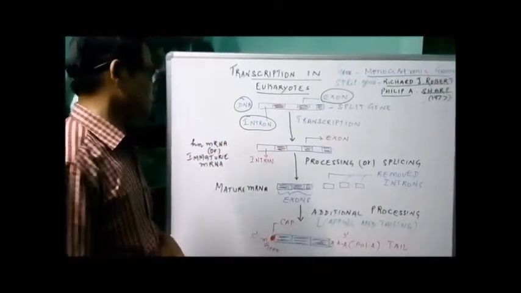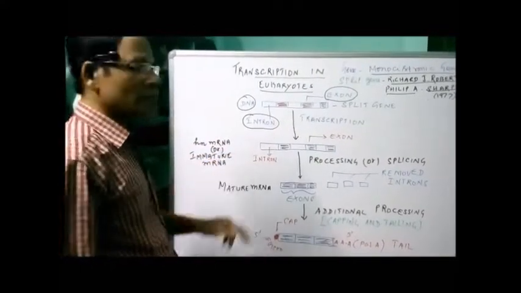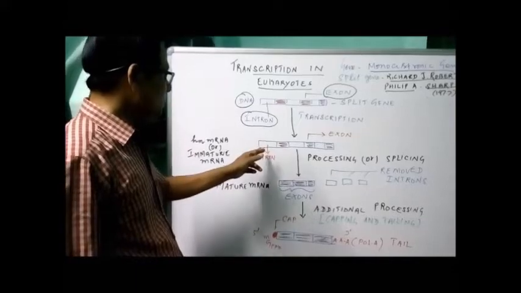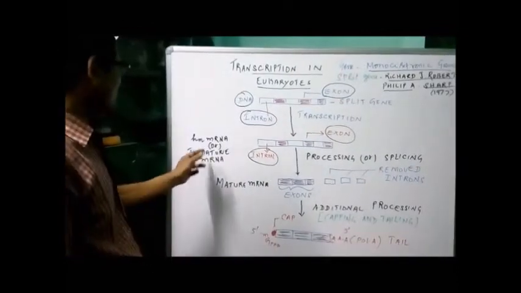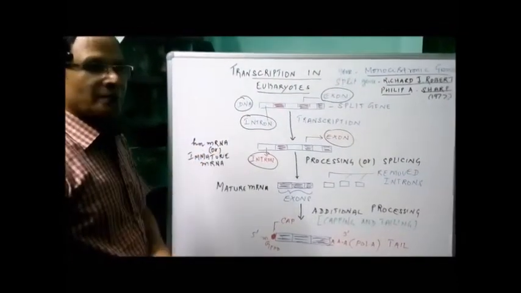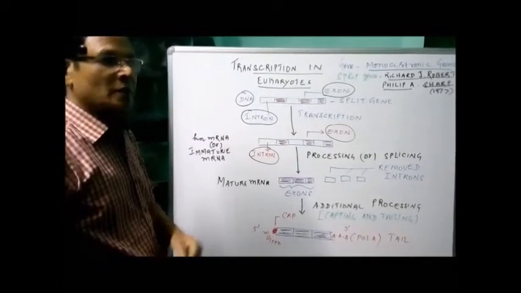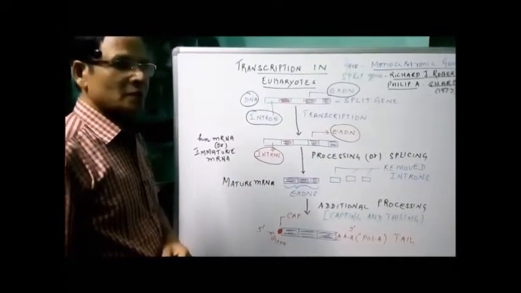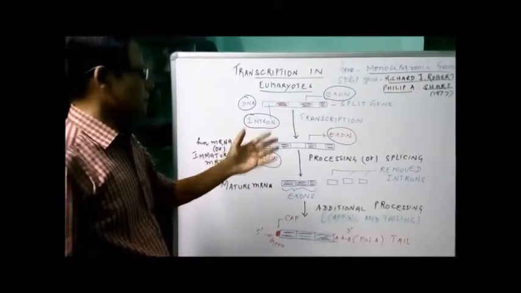Transcribed but not translated. So after transcription we have formed the mRNA, as it contains both introns and exons. See, introns and exons. This mRNA is called heterogeneous mRNA. It is also called immature mRNA or unprocessed mRNA or precursor mRNA, as it contains both introns and exons.